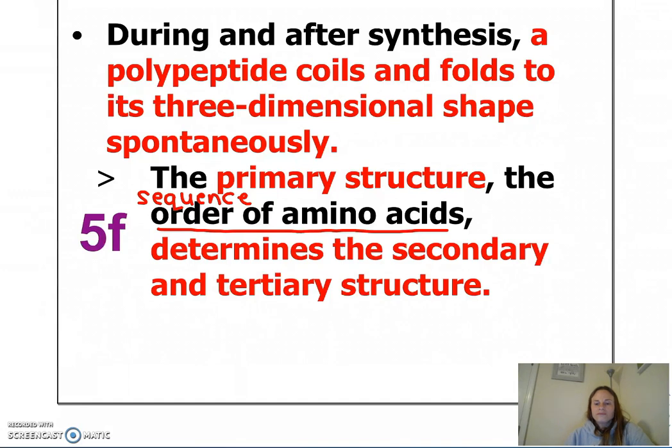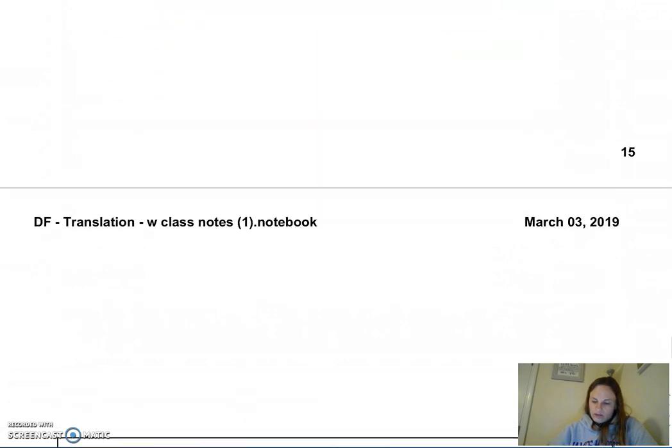The DNA was transcribed into messenger RNA, which had codons that then were matched complementary with the anticodons on the transfer RNA that carried those amino acids. And then it's the sequence of those amino acids that dictates the structure ultimately.